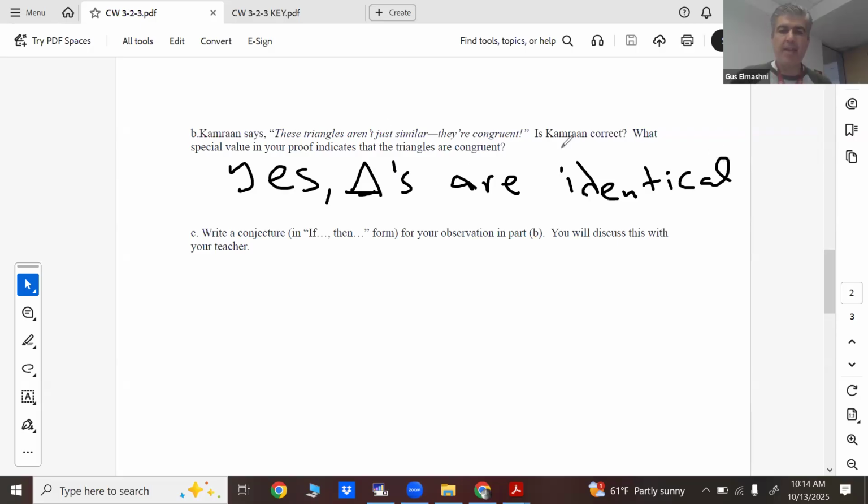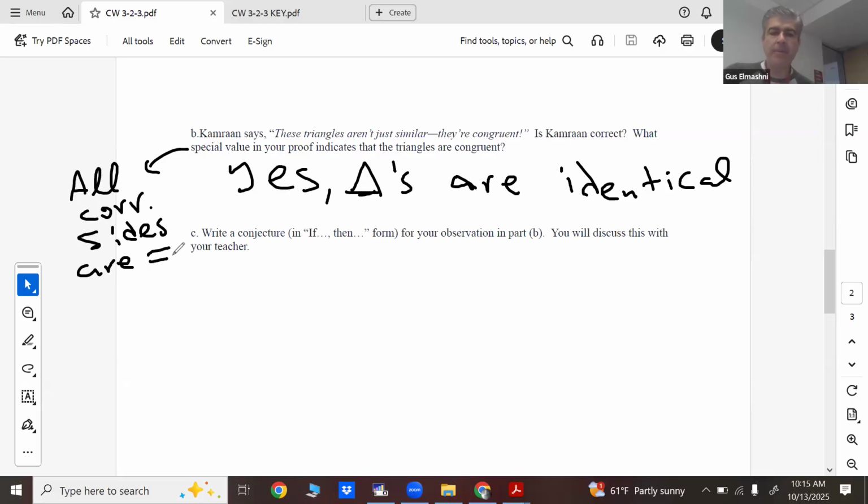What special value proof indicates all sides are the same? You're told that all corresponding sides are equal.